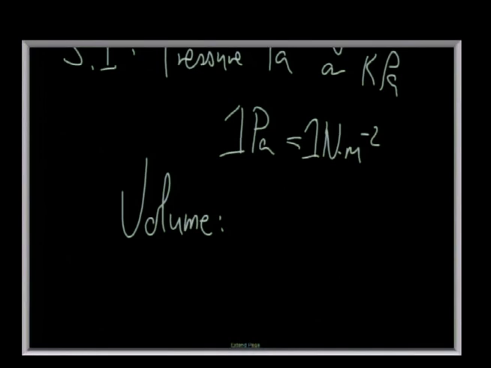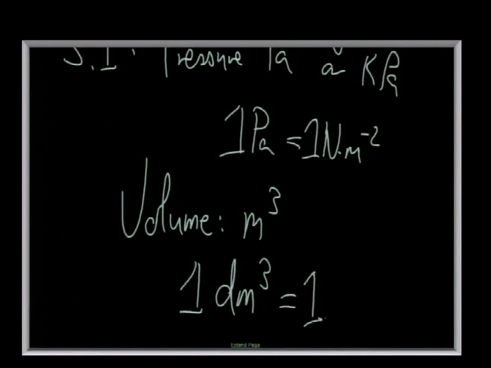You can even get centimeters cubed and millimeters cubed. Well, the SI unit, in terms of gases, is going to be meters cubed. Okay, that's the correct unit for gases, and it's the SI unit, but the other ones are permissible. So we often use decimeters cubed, which is the same as 1 liter.